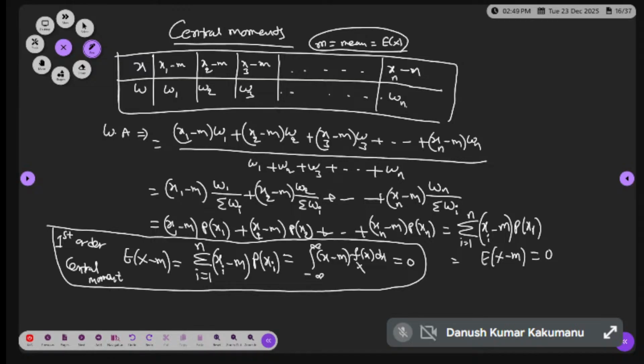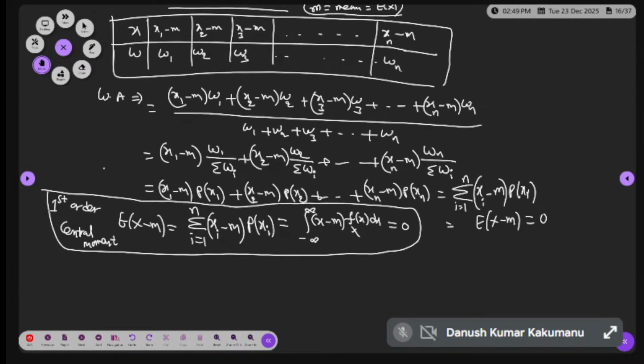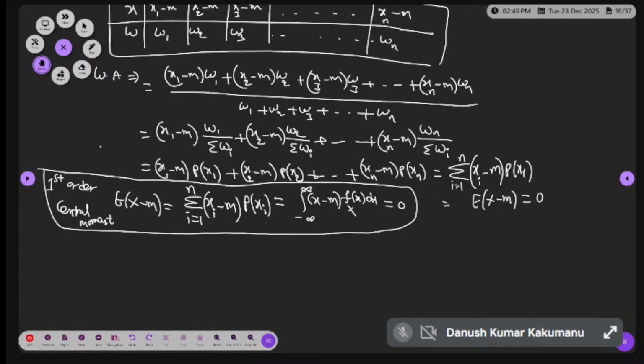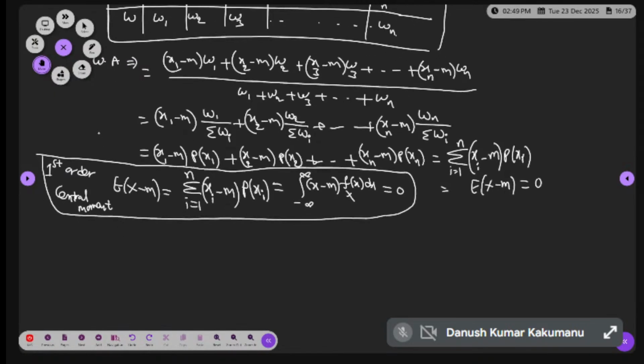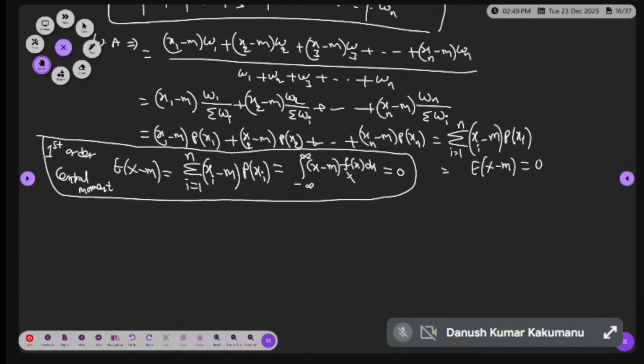Ordinary moments, central moments. First order central moment is always 0. Second order, next: how to get the second order central moment here?